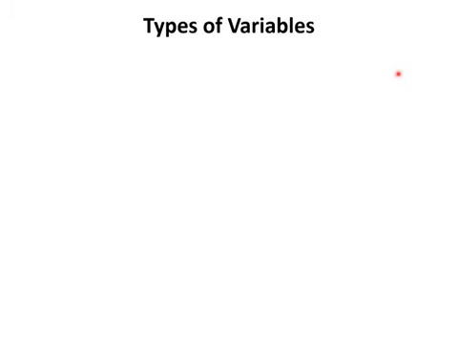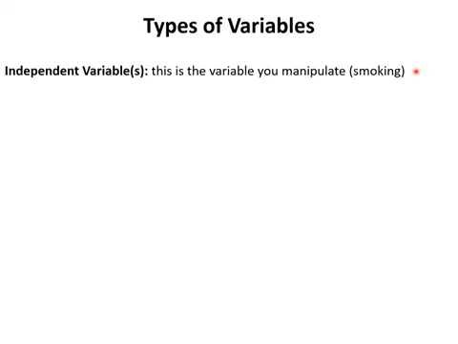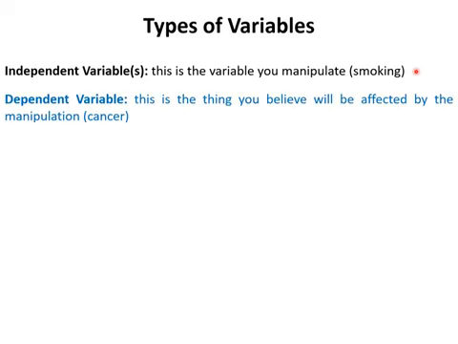The researcher usually tests the relationship between two types of variables. The first one is called the independent variable, or the variable that can be manipulated by the researcher. It's considered a cause or can explain the changes in the other type, which is the dependent variable.